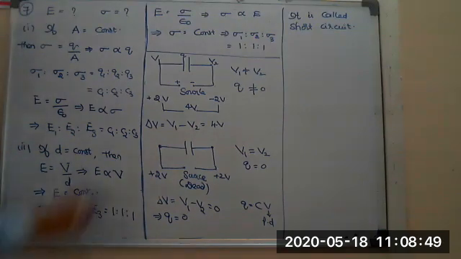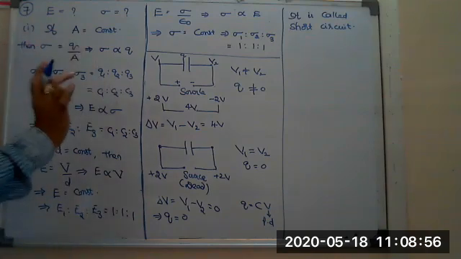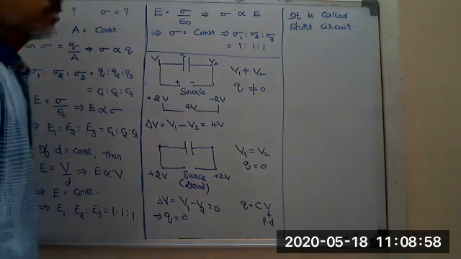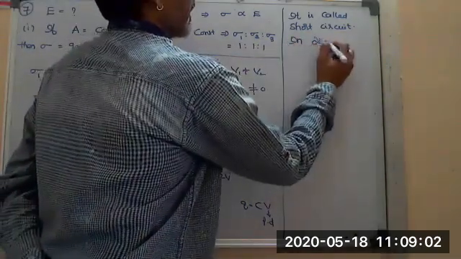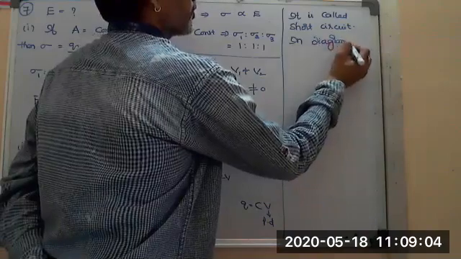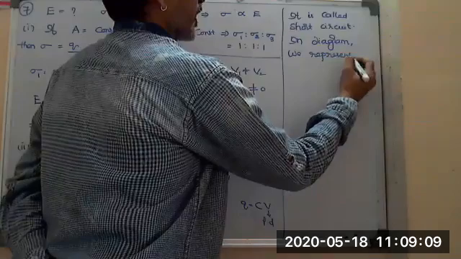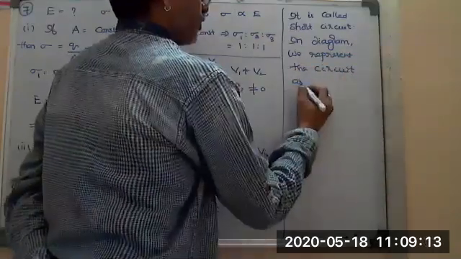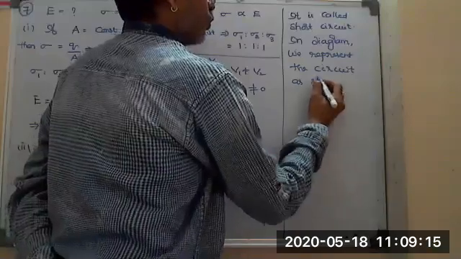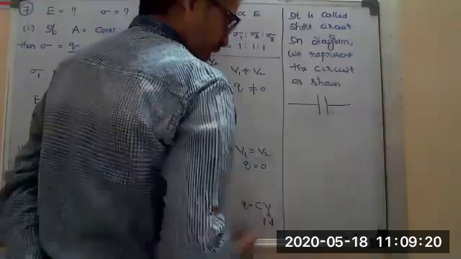This model is important for us. Then in a diagram, how do we represent that a capacitor is short circuited? In diagrams we represent the circuit like this. Suppose this is one capacitor.